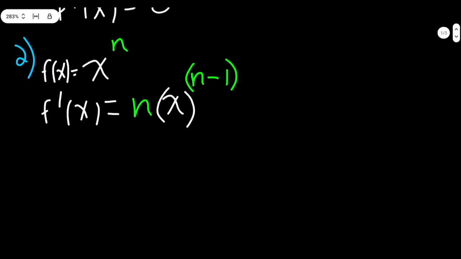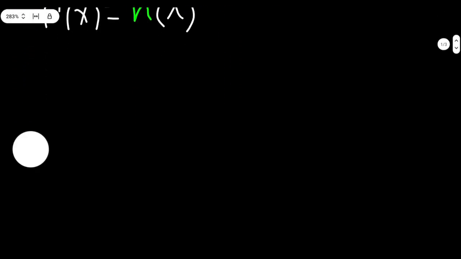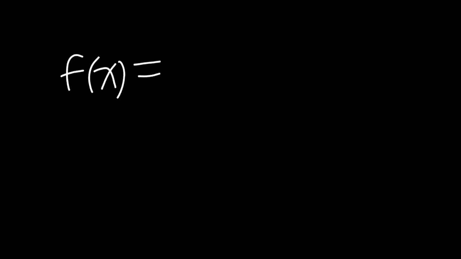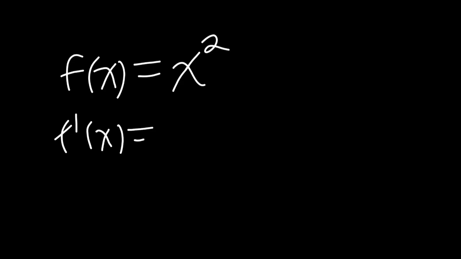I'm going to start with the most basic power rule function ever. It's going to be f of x equals x squared. Go ahead and pause the video and see if you can do this yourself. So now if we apply our rule, f prime of x is going to be, our 2 is our n, so our 2 is going to come out front, right? It's going to be n times x to the n minus 1.